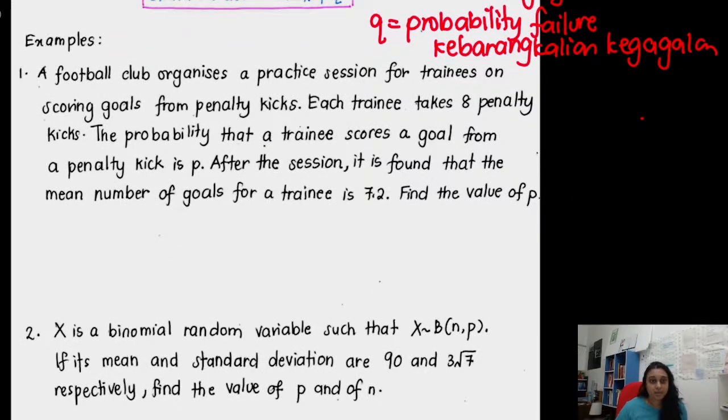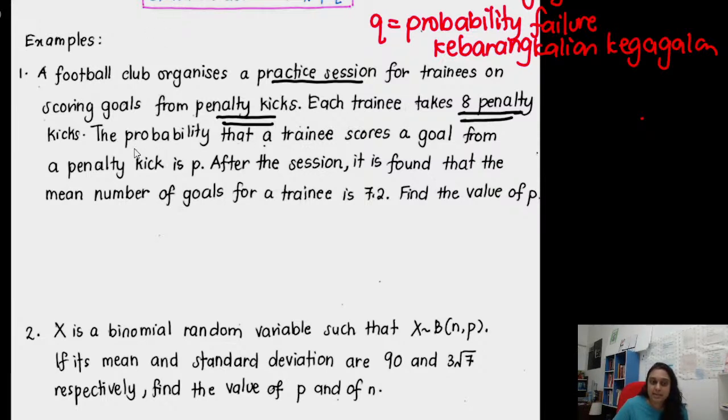A football club organizes a practice session for trainees on scoring goals from penalty kicks. So they are doing a penalty kick experiment, and they want to see how many of them can score a goal. Each trainee takes 8 penalty kicks, 8 sepakan penalti.